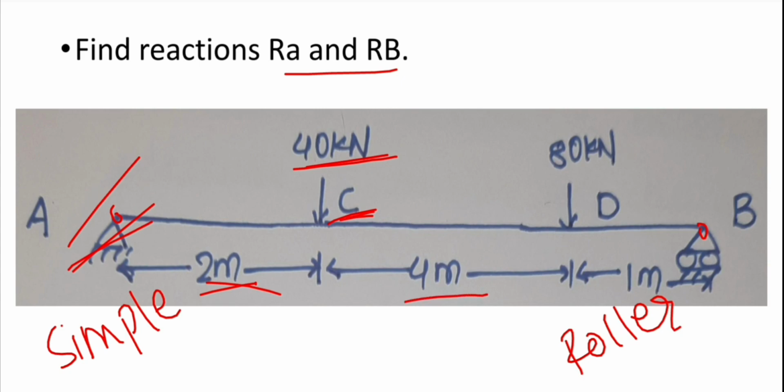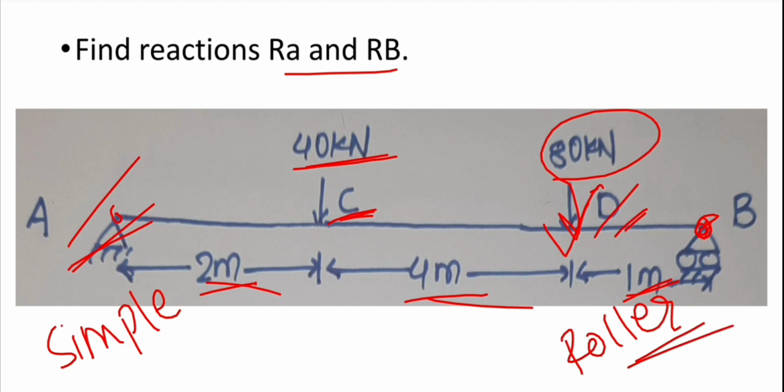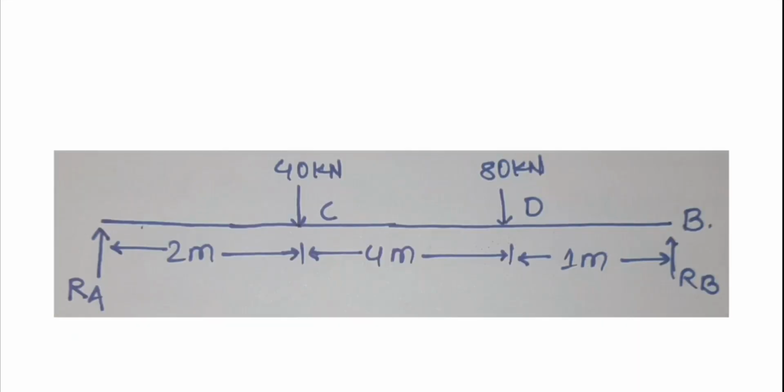From point C at a 4 meter distance, there is a point D on which a force of 80 kilonewton is acting in a perpendicularly downward direction. And from point D at a 1 meter distance, the beam ends at the point B, on which there is a roller support. Let's draw the FBD.